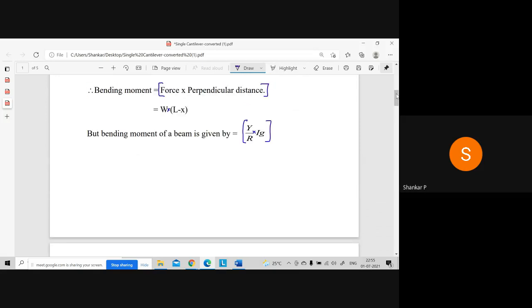By equating the bending moments, we can write Y by r into Ig is equal to W into L minus x. By retaining 1 by r on the left hand side, we can write 1 by r equals W by Y Ig into L minus x. Let us call this equation number 1.